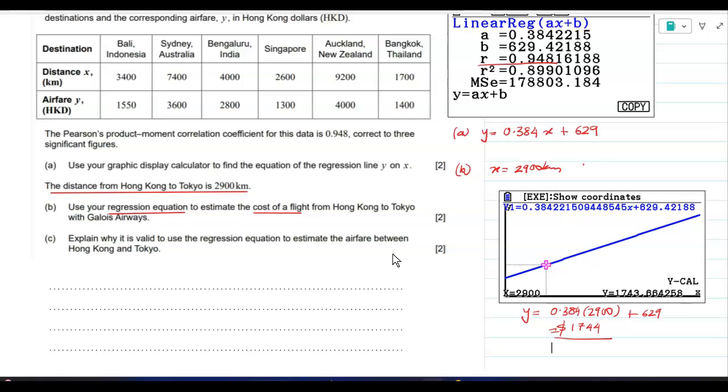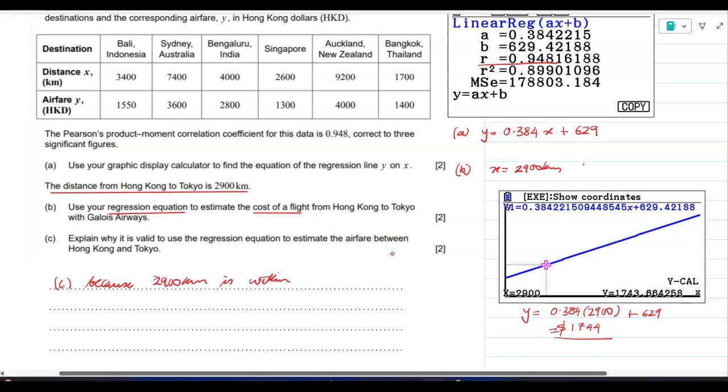Because 2,900 kilometers is within the maximum and minimum of the data. Are you following that? You cannot extrapolate. You cannot extrapolate.